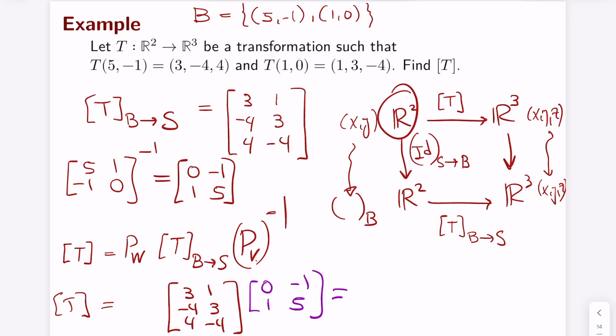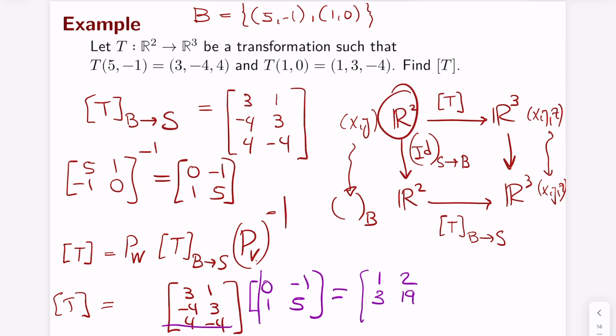This is 3 times 0 is 0, plus 1 is 1. And then 3, this times this will be 3 times minus 1 is minus 3, plus 5 is 2. And then this times this is 0 plus 3 is 3. This times this is 4 plus 15 is 19.